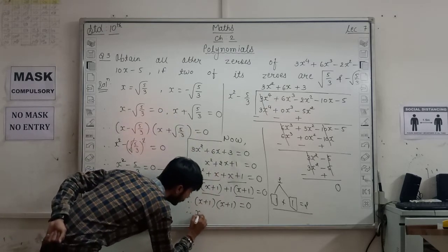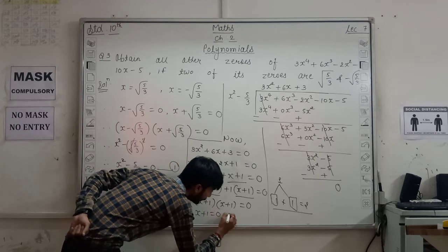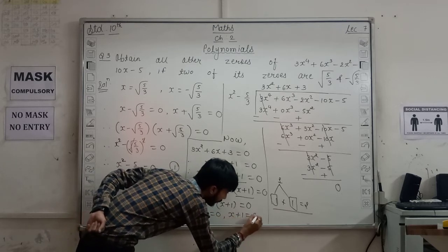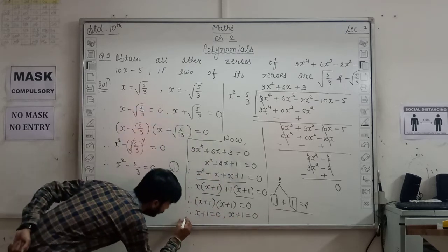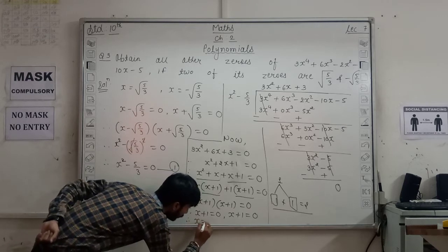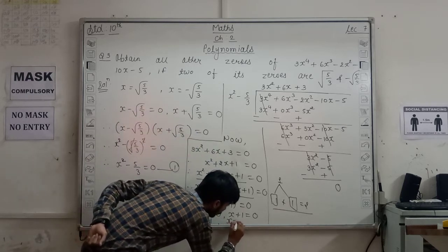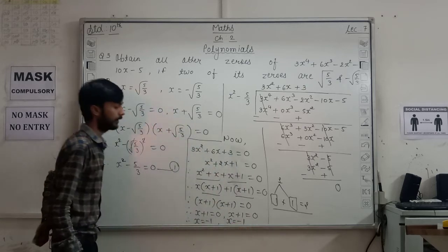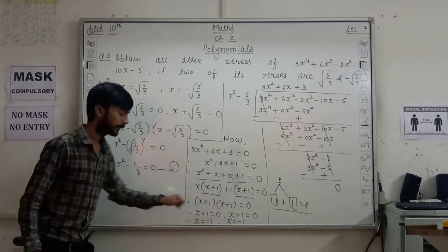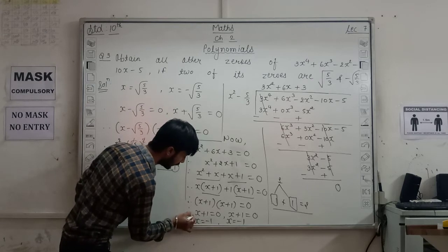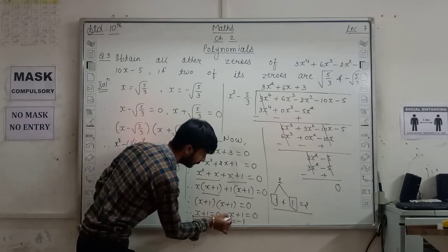Therefore x plus 1 equals 0 and x plus 1 equals 0, and therefore x equals minus 1, and also here x equals minus 1. Okay, so these two are the other zeros of this polynomial, right?